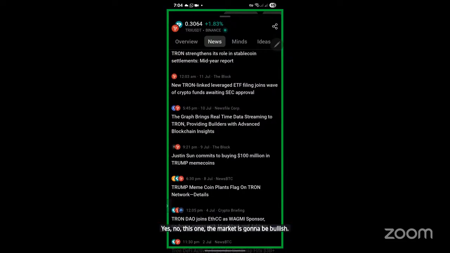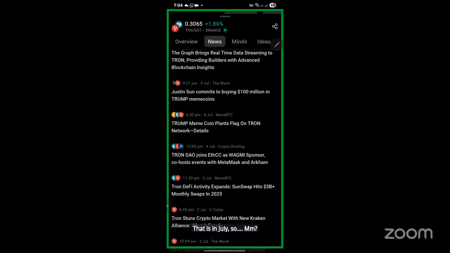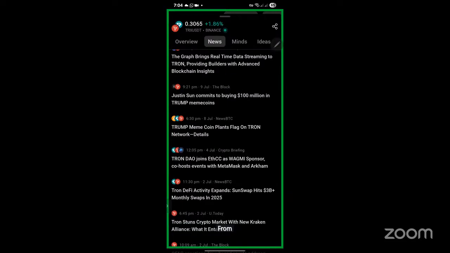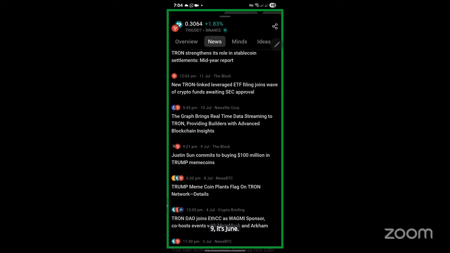Chainlink leveraged ETF filing joins wave of crypto funds awaiting SEC approval. That is July. This coin has a lot of news from 9th July to 11th July. I don't know whether you are seeing it.